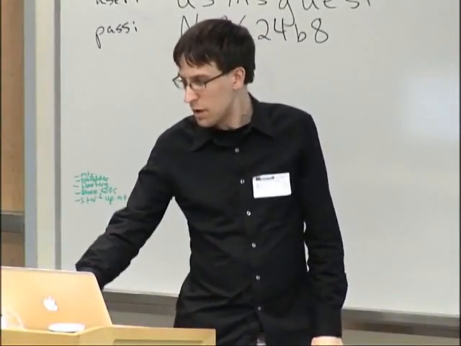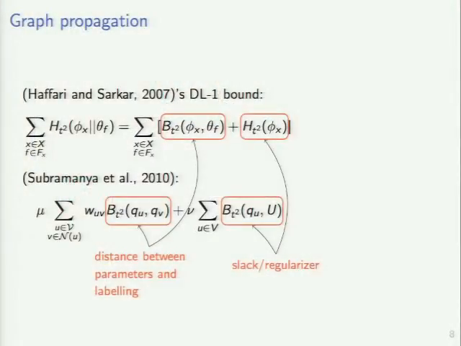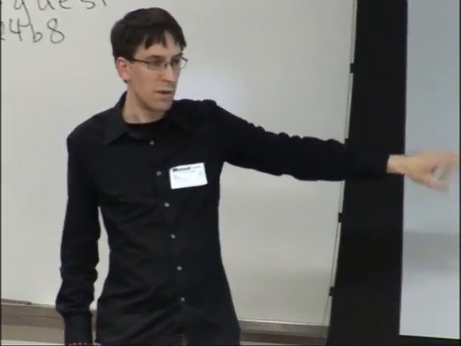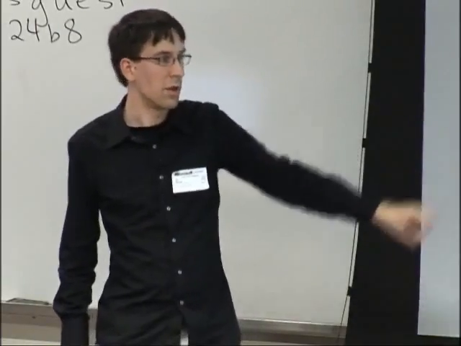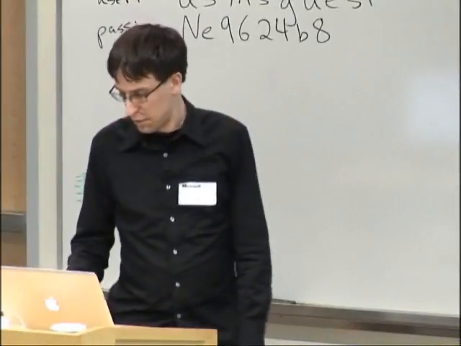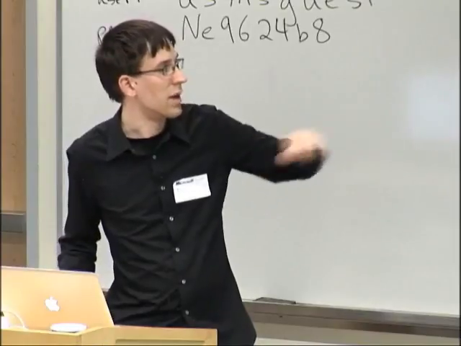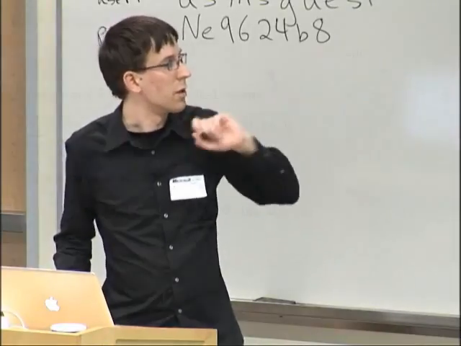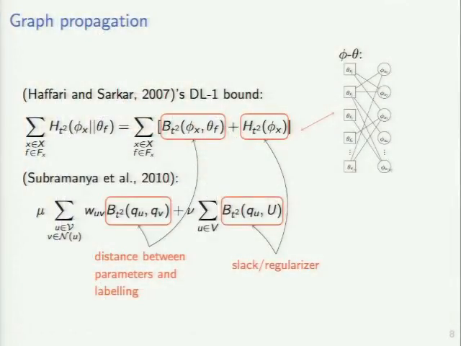So if we compare these, the first term of each is going to be the distance. If we plug those distributions into this, it's going to be the distance between the parameters, the decision list scores, and the current labeling. And the second term is a slack or regularizer. So they're quite similar. So if we do plug those distributions into this, then we can directly optimize that model, the bipartite graph model.